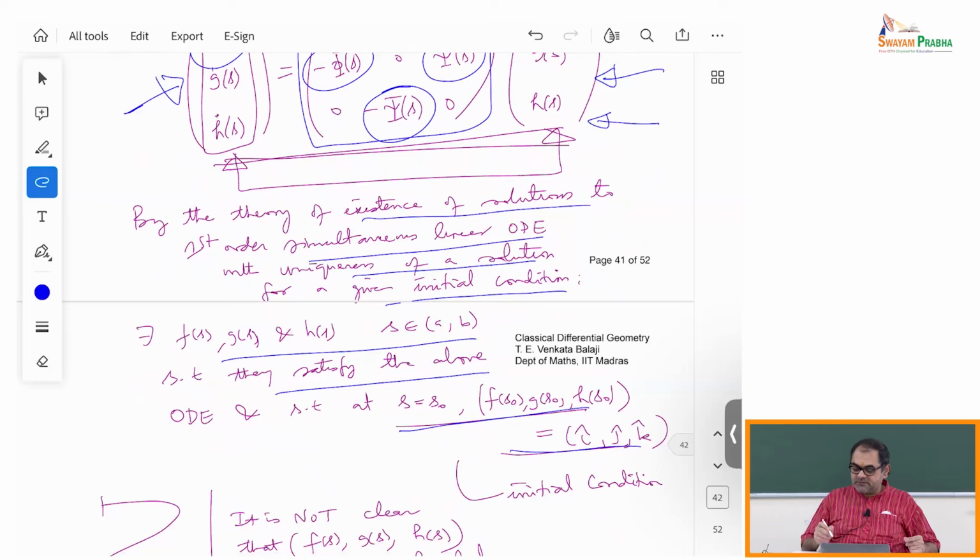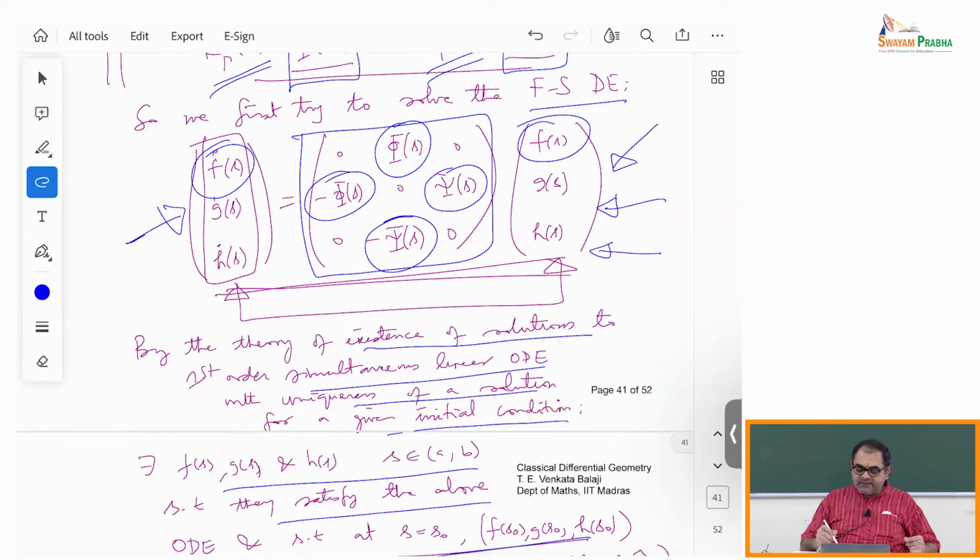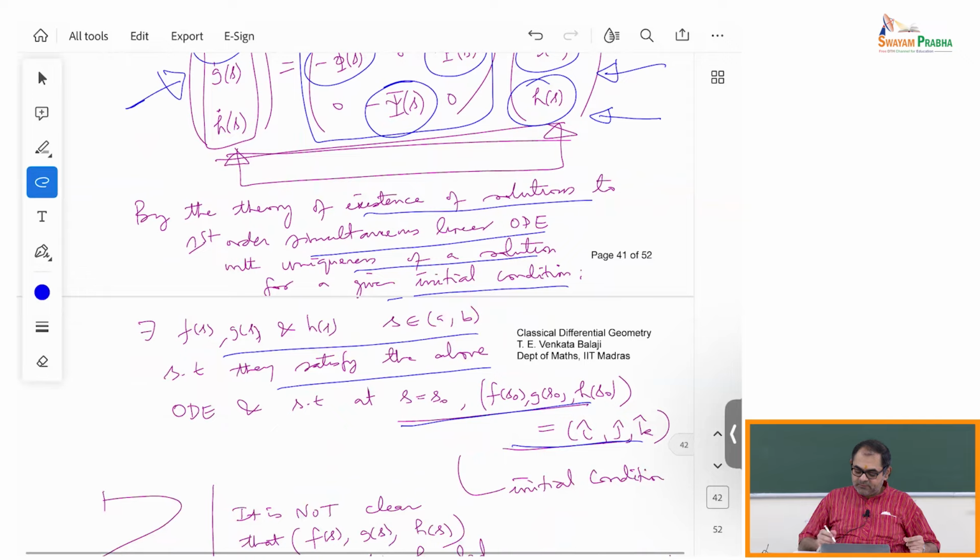So if you go to the existence theorem, you will get a solution for the Frenet-Serret frame. You will get these three functions f, g, and h, which satisfy this differential equation. And you can put some initial condition, because I want a particular curve, I want a particular solution. For a particular solution of a differential equation, you have to give initial conditions.